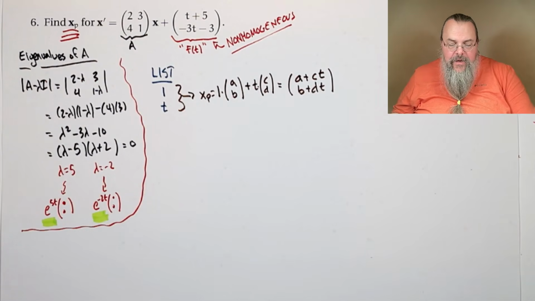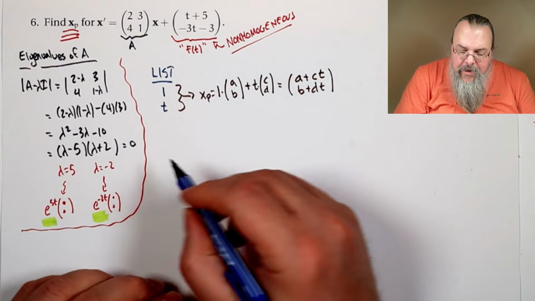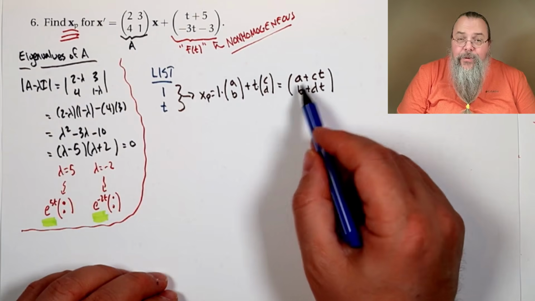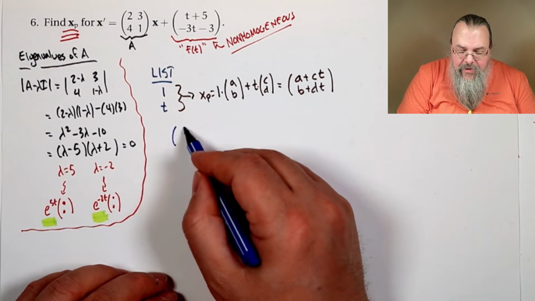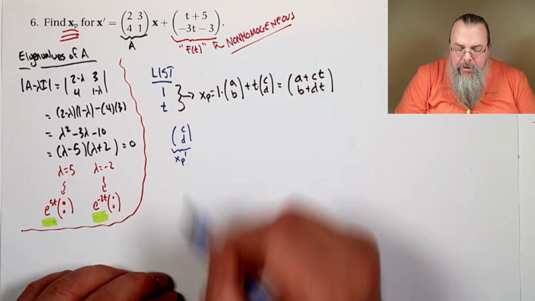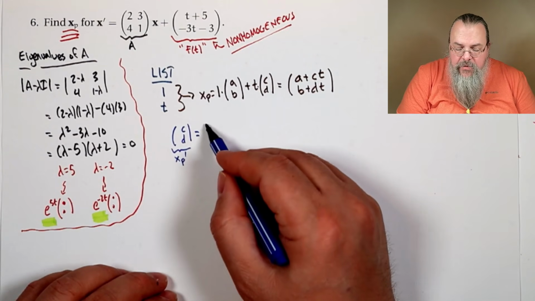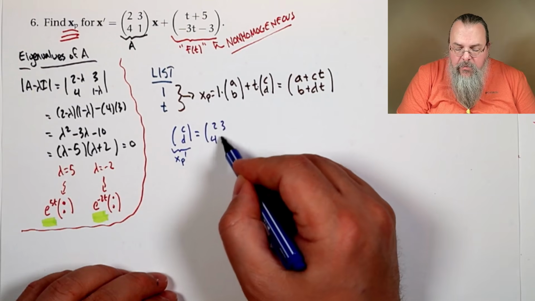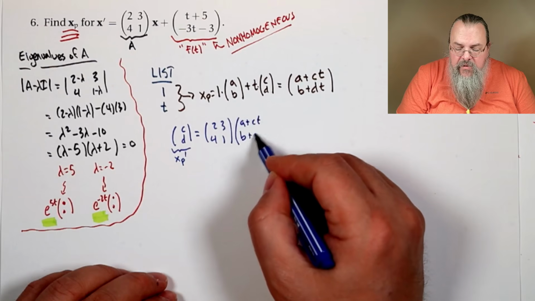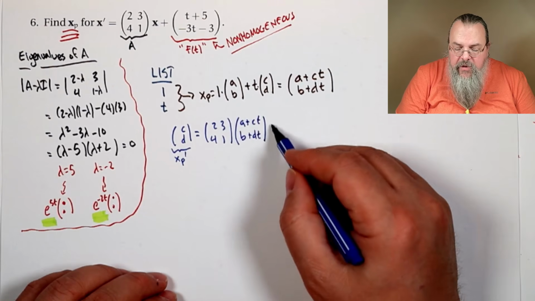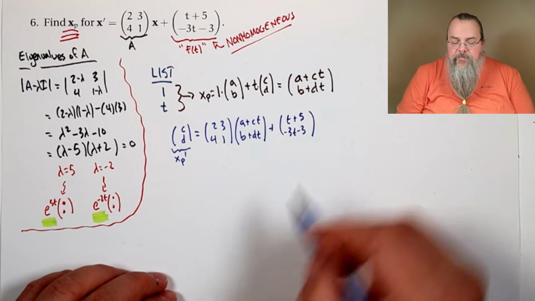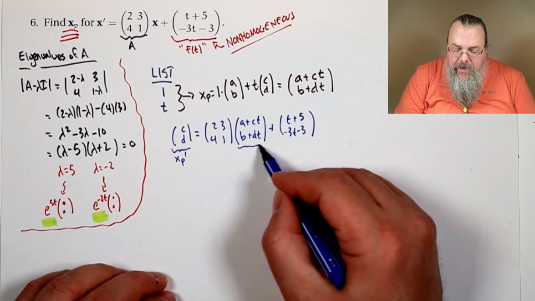So let's look at the left-hand side, xp prime. Take the derivative. What do you get? Well, you get cd. So this is xp prime. That's supposed to be equal to the matrix 2, 3, 4, 1 times a plus ct, b plus dt, plus t plus 5, minus 3t minus 3. Here's our xp.